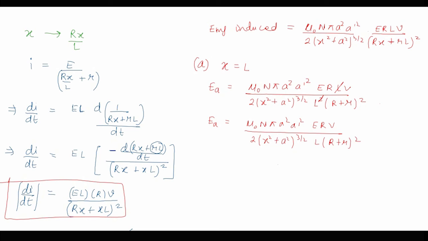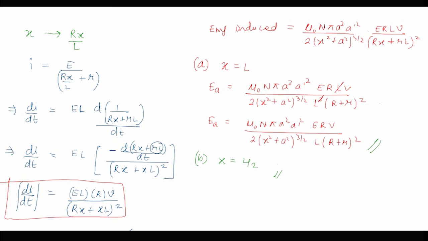Similarly, in the B part, we put x equal to L by 2 in the above expression and obtain the answer easily. I am leaving that part for you. So this is how we solve for the induced EMF in this problem.